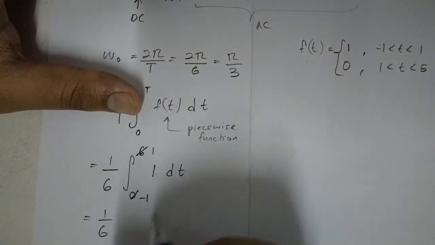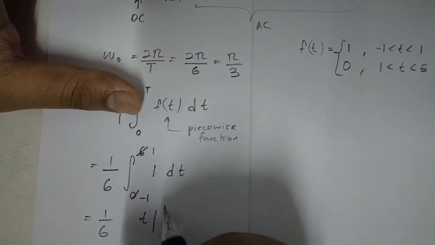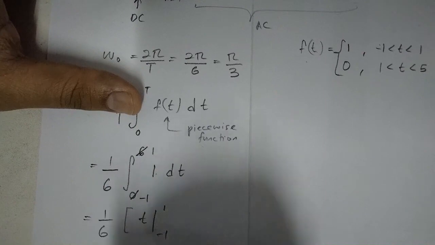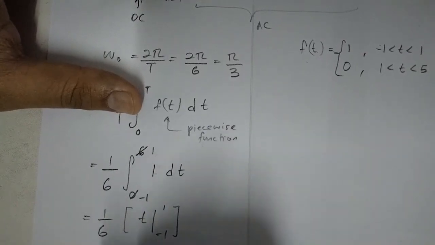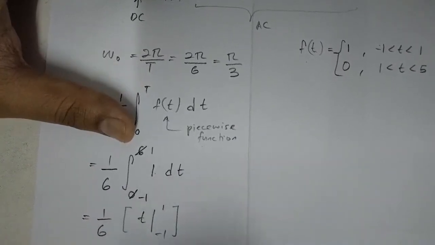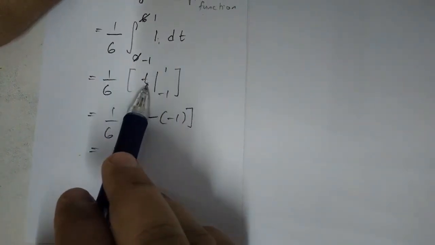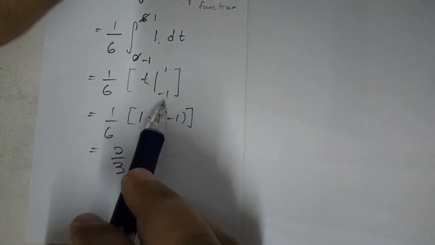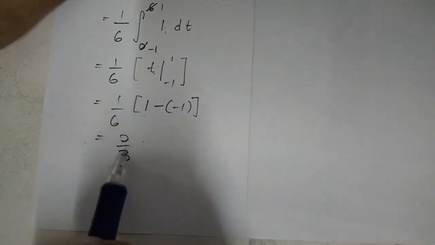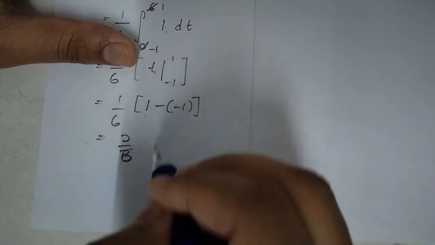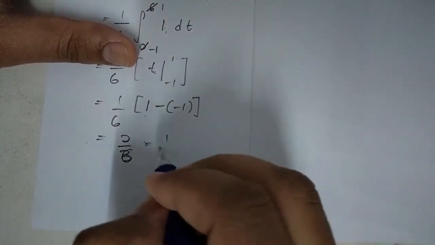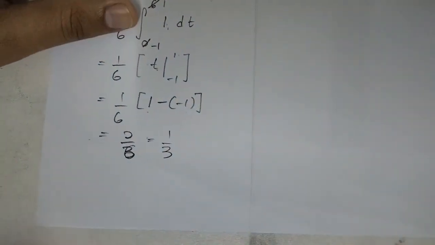So 1/6, integration of 1 we get t, and then to t we replace 1 and -1, so 1 minus -1 gives 2/6, so 1/3.